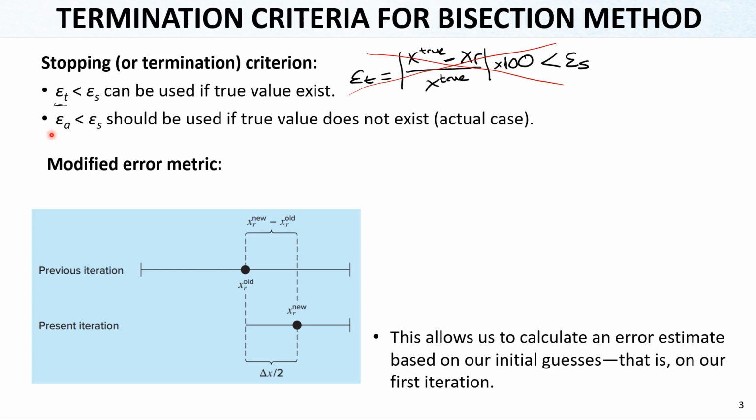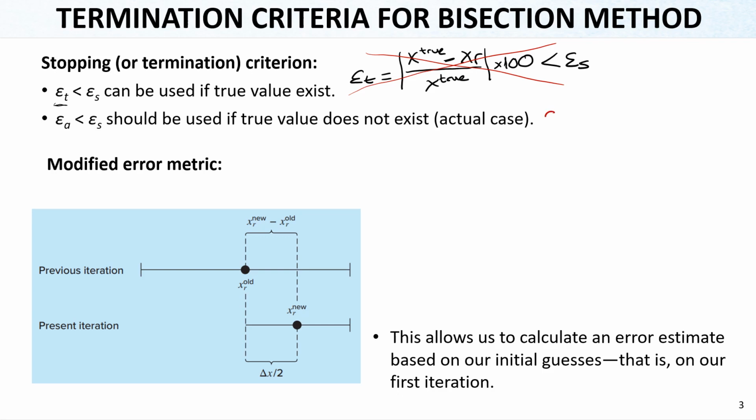That's why instead of this, as we mentioned earlier in previous slides, we can use an approximate percent error. So what we do is simply, with the new iteration and old iteration, we can calculate an error value, because we know that in a numerical method we will eventually get smaller differences between the previous and current iterations.